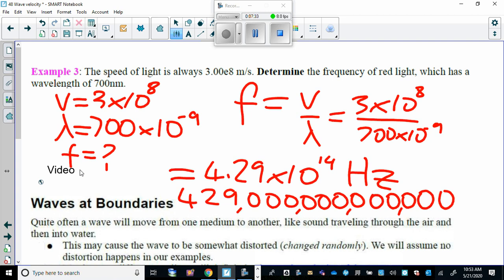That number is 429 trillion cycles in 1 second. So that's how fast red light vibrates.